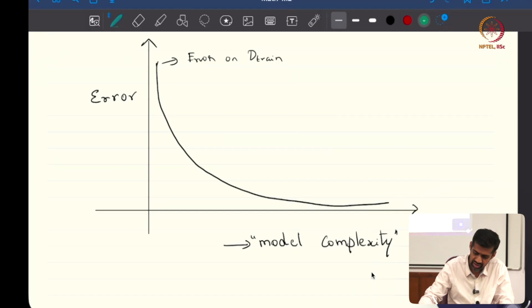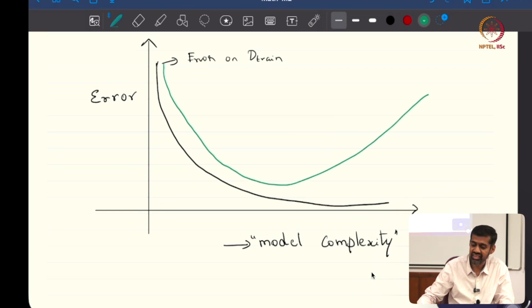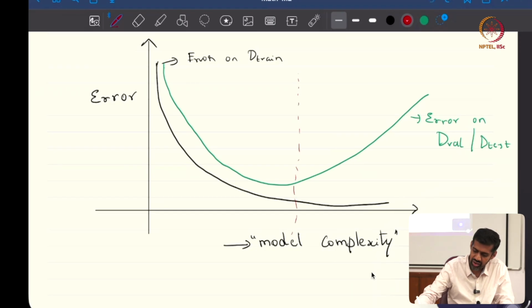It will start decreasing and then start increasing. So this is the point where we want to ideally operate. Each of these is taken as a different tick. This is the point where we want to ideally operate.